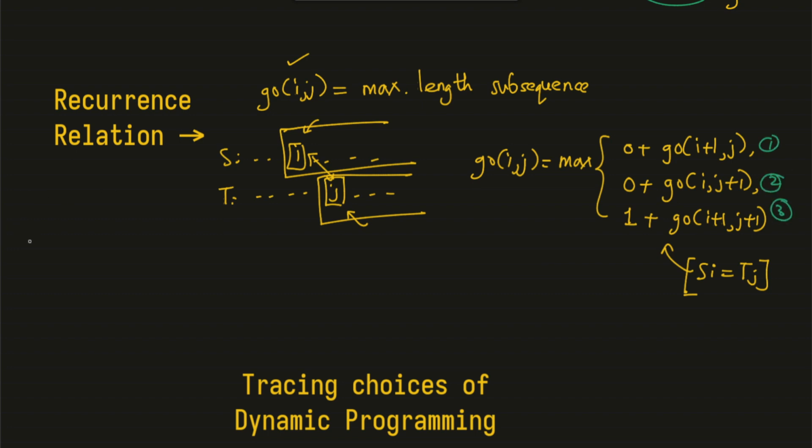Now let's try to understand this a bit better, how we are iterating over all the subsequences by only considering these two choices. Say we were at these two locations for I and j.